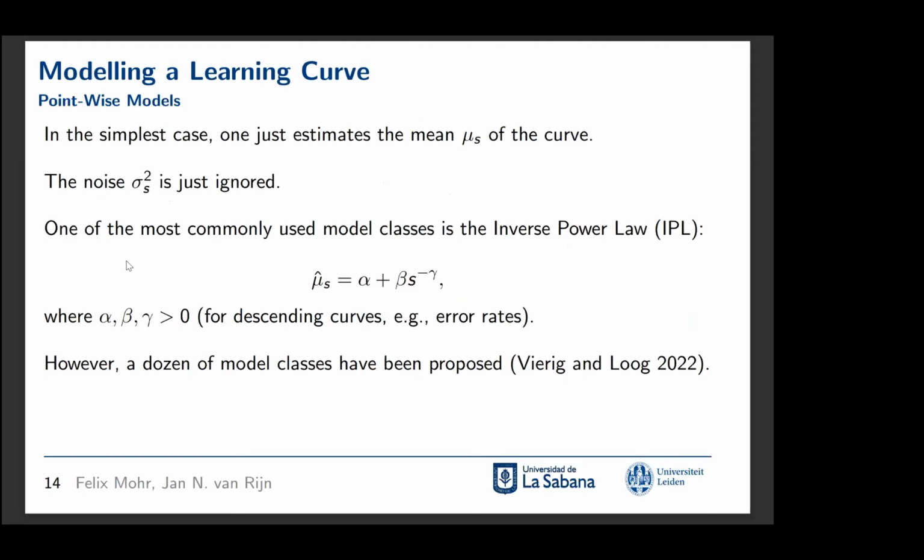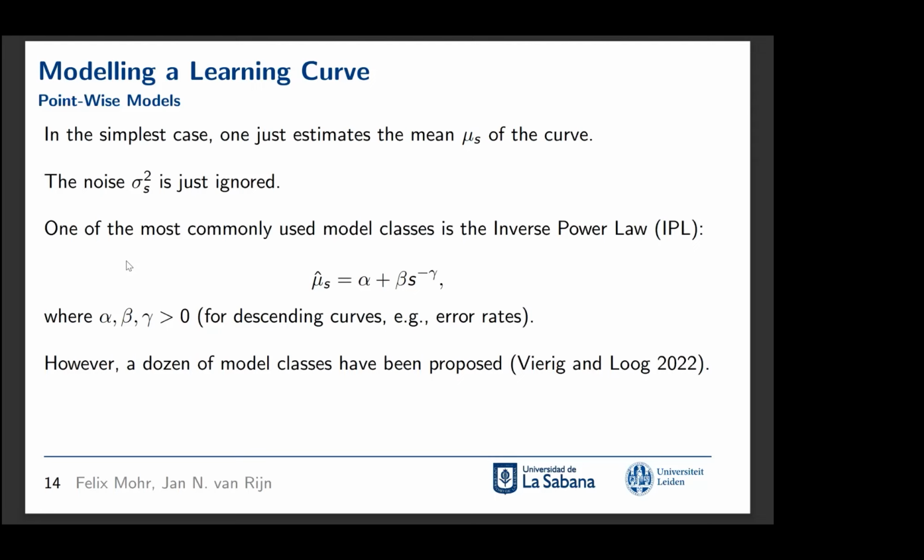So the simplest thing we could now do, if we want to understand and model the learning curve, would be to just model this mean itself, right? So we could just try to estimate this mean, mu S, for each anchor S, or for each possible point, and just ignore the noise for a moment, right?